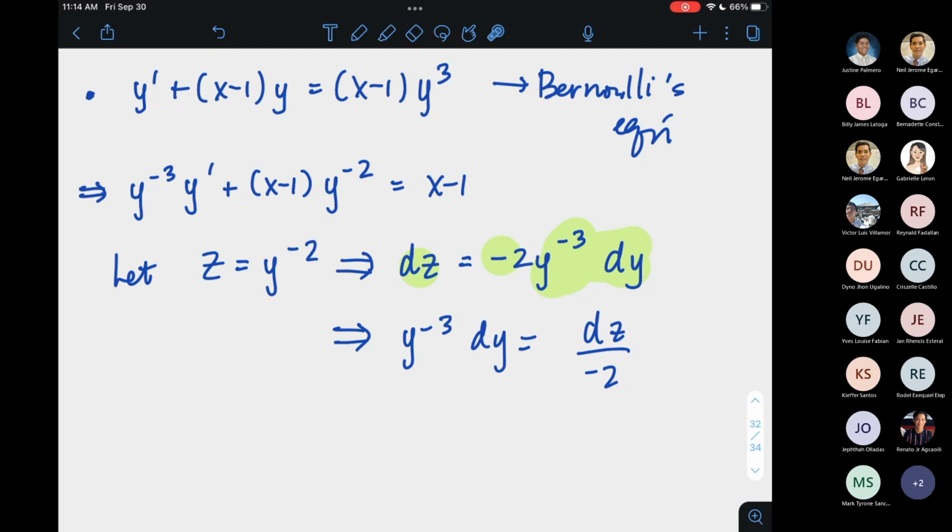May kulang doon sa substitution ka. dz dy, y prime. Alright. So tama. I-divide ko pa to dapat by dx both sides para makuha ko yung gusto kong mangyari.